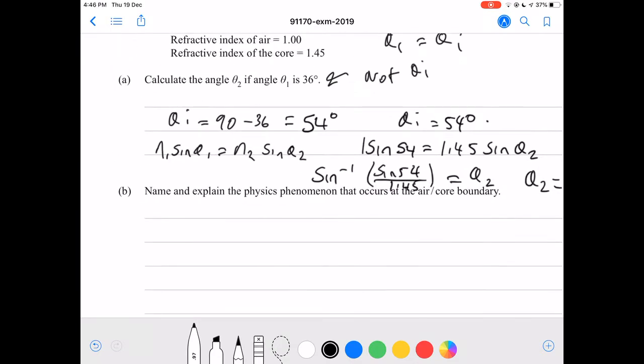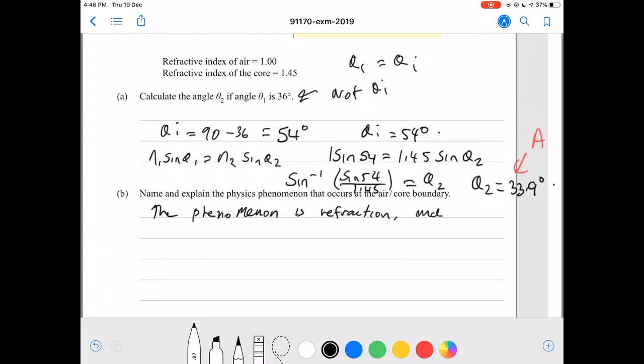You can say the phenomenon is refraction, and this occurs when a ray travels between two different optically dense mediums.